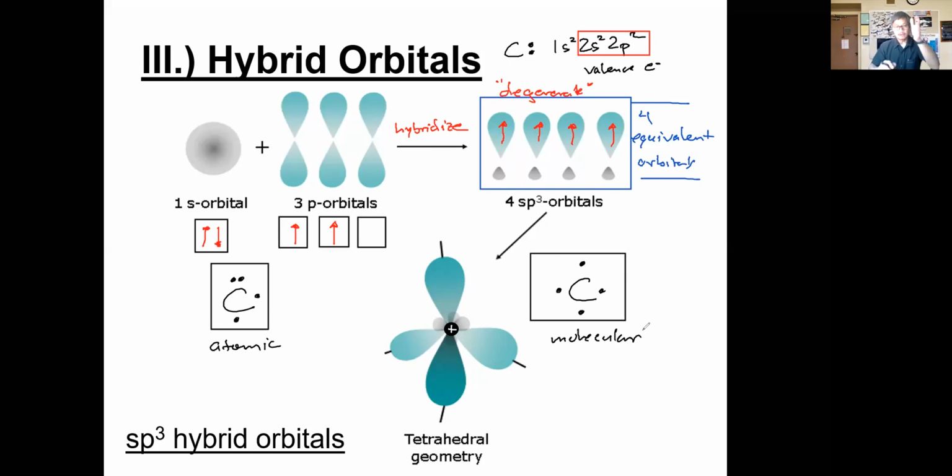The carbon on the left is the carbon when it's all by itself. It's not bonding with any other atom. That's why it's the "atomic" carbon, and I should put that in quotation marks. This is the version of carbon when it's all by itself as an atom. This is the version of carbon when it is part of a molecule, and thus I call it molecular carbon.